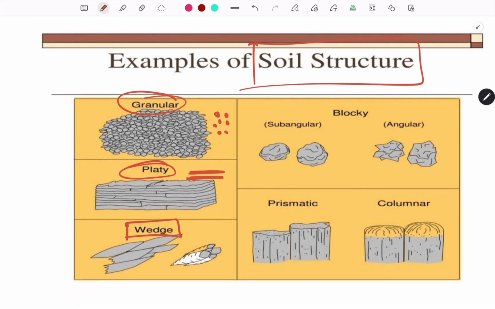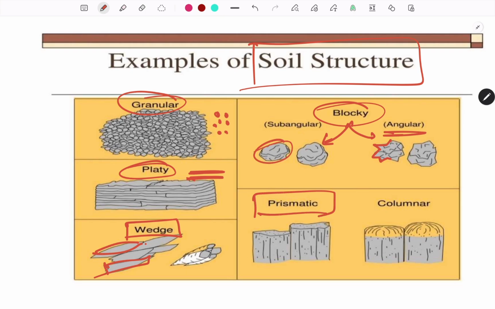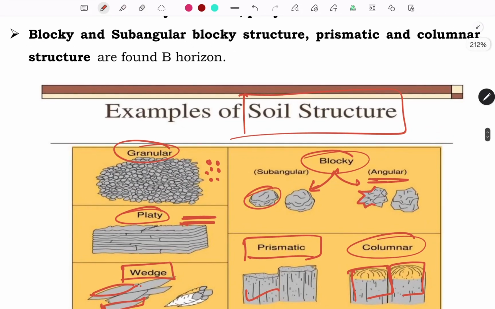Soil can be wedge-shaped. Soil can be blocky, and within blocky there are two types: angular, if the soil aggregates have sharp angles, and subangular, if there is an absence of sharp angles. Prismatic soil will have a shape like this. Columnar will have shapes like columns. So there are different types of soil structure. Different examples you can see here.